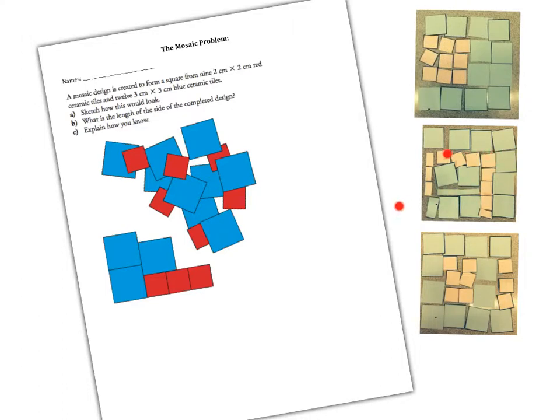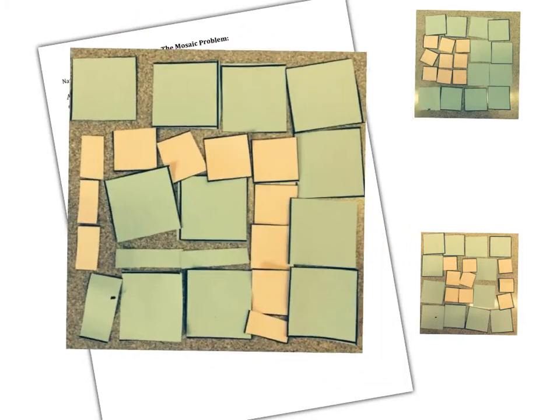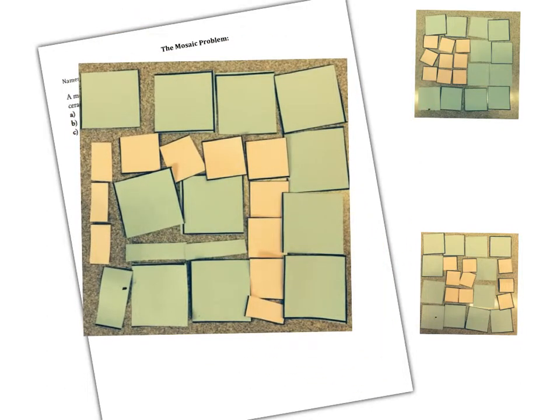Let's take a look at this next one. Different design here. What we see here is that some of the squares have been cut in half. These ones have been cut in half, and these ones here have actually been cut into thirds. So we've got 2/3 here and another third here. So let's see how that works.